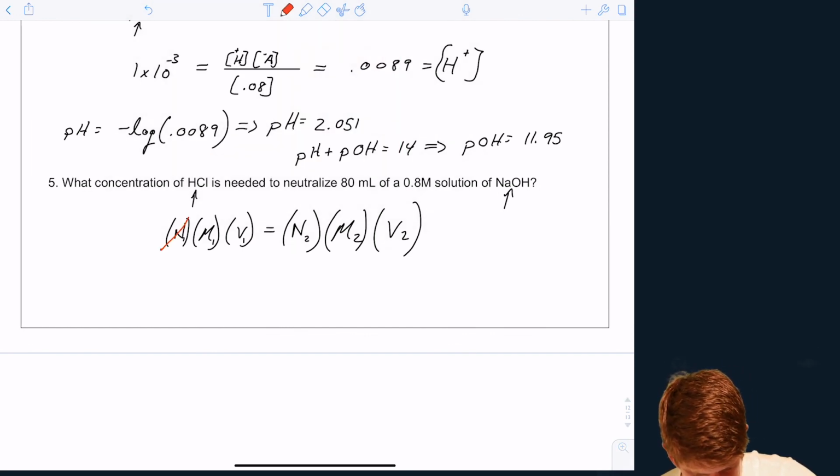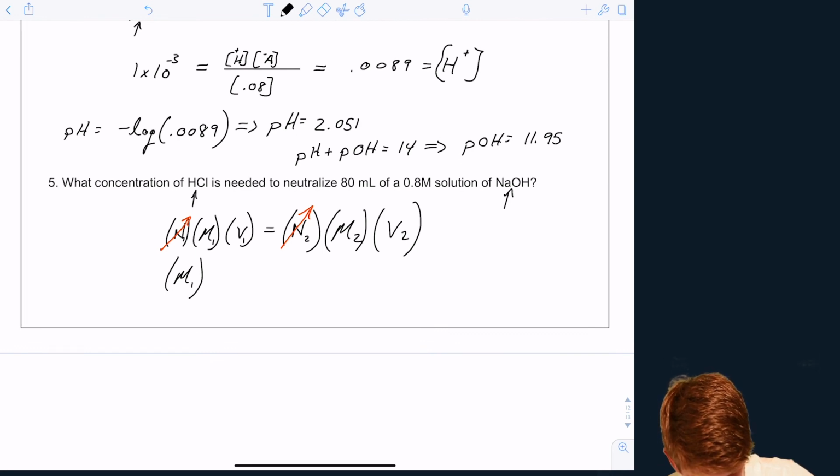The N's are both equal to 1, so I don't really need to consider normality constants here. For the concentration, which will be our unknown, it is needed to neutralize 80 milliliters of a 0.8 molar solution. Sure, it would be nice if I actually got a volume.